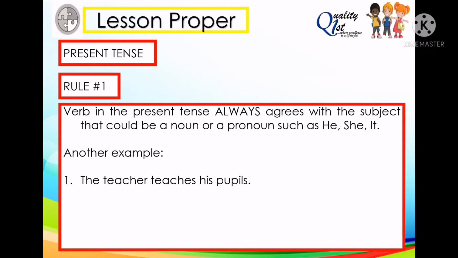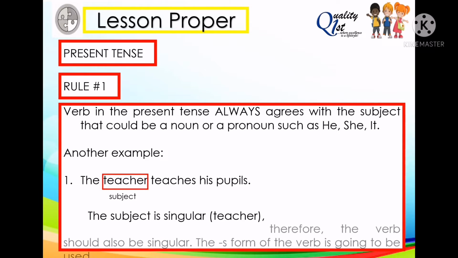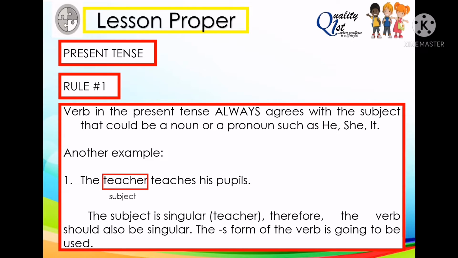Another example, the teacher teaches his pupils. Now, the subject is singular. You have teacher. Therefore, the verb should also be singular. The S form of the verb is going to be used. You have teaches. Okay, now let's pull up the next slide.